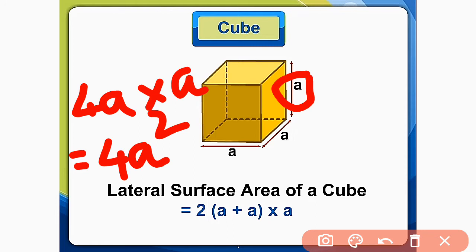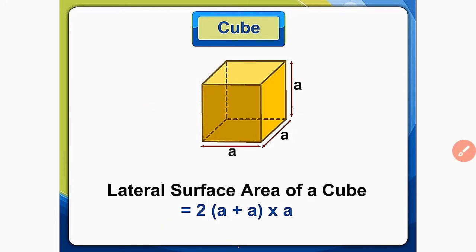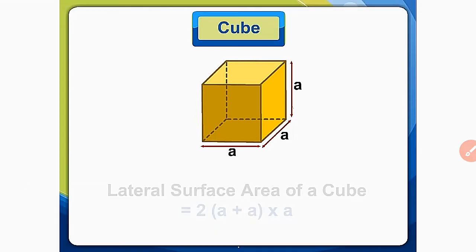So 2 into A plus A, we can write this as 2 into 2A into A, which can be written as 4A square. So this is the lateral surface area of a cube. So lateral surface area of a cube is equal to 4A square.